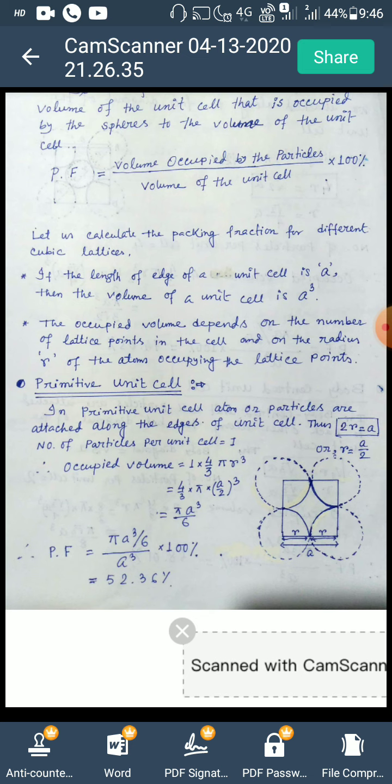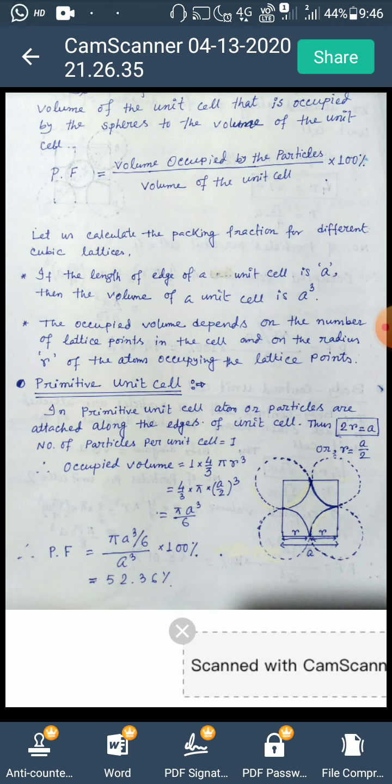In the primitive unit cell, you have to remember that the particles or atoms are attached to each other along the edge of each face. So in the primitive unit cell, atoms or particles are attached along the edges of the unit cell.